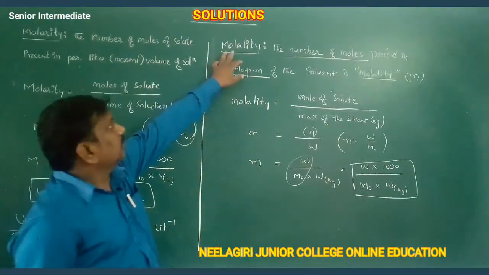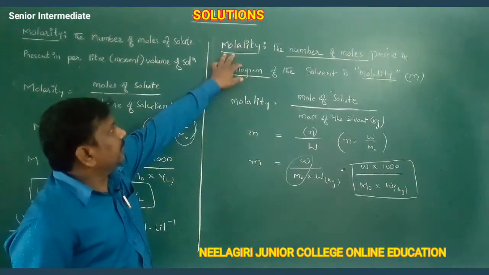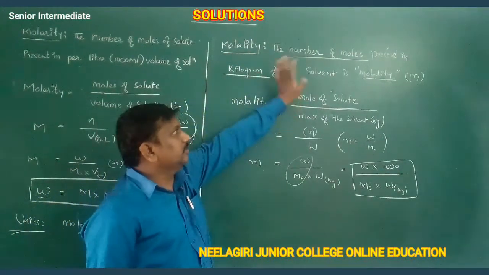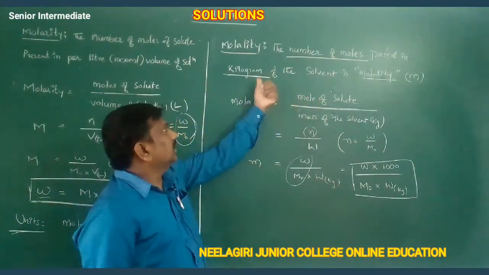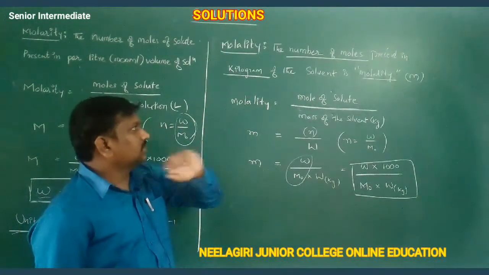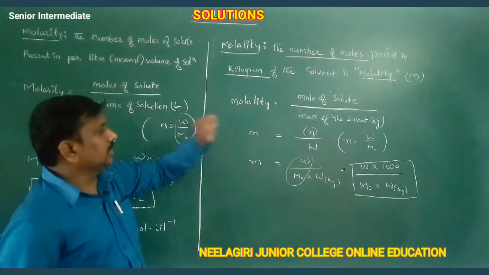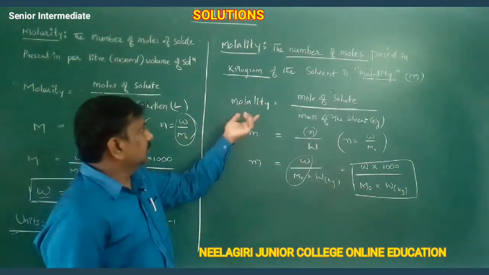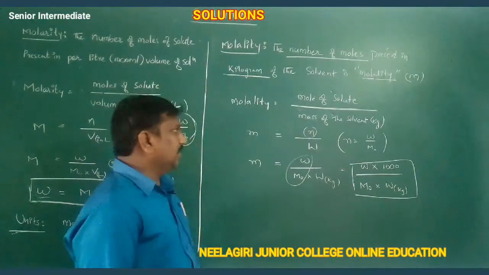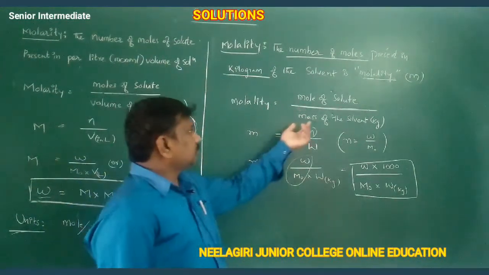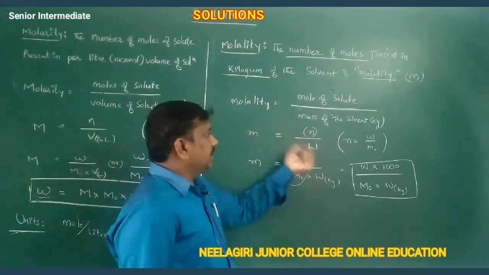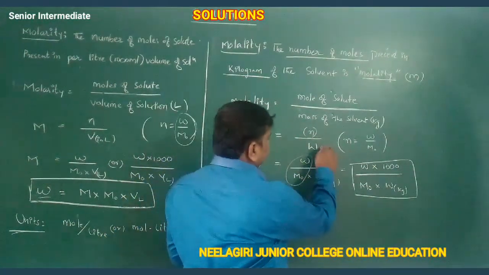So what is the definition for molality? The number of moles present in kilogram of the solvent is called molality. So molality is equal to moles of solute by mass of the solvent, or n by W in kg.